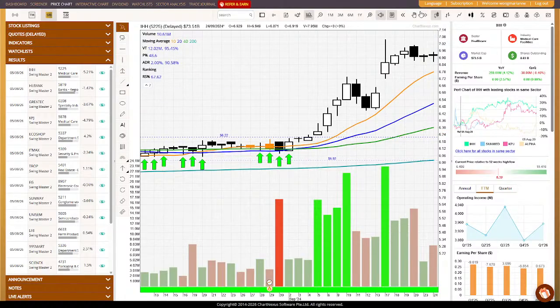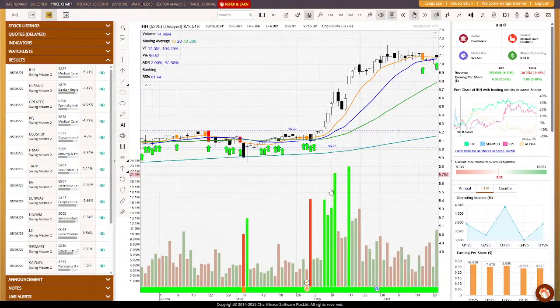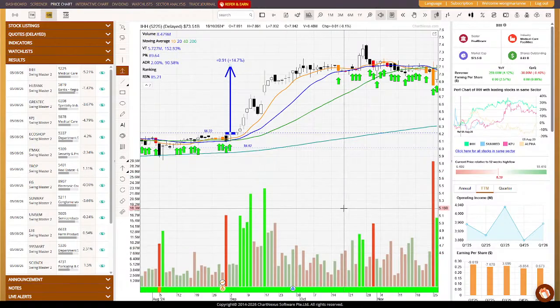And after that, fantastic. Can you see that it continued to go up higher and higher? Let's take a look at this. This is approximately about 14%. Isn't that great? In just a span of about 1.5 months, IHH continued to go up higher and higher.